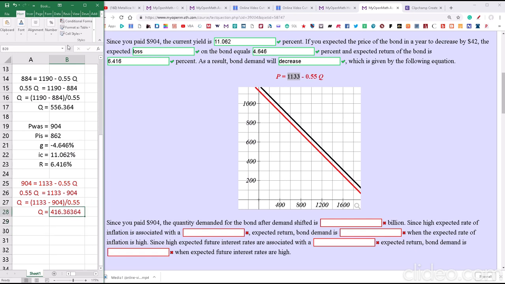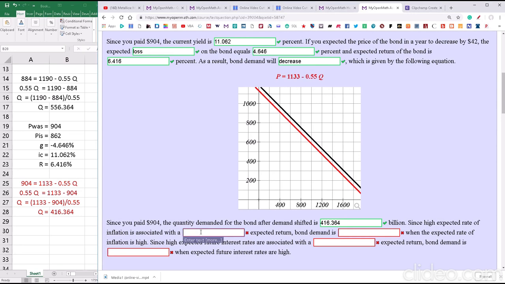Okay, so on the new demand curve at a price of 904, quantity demanded is 416.364 billion bonds.